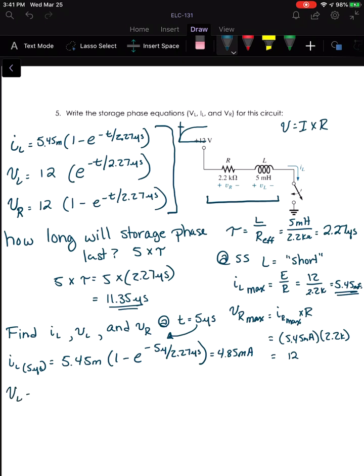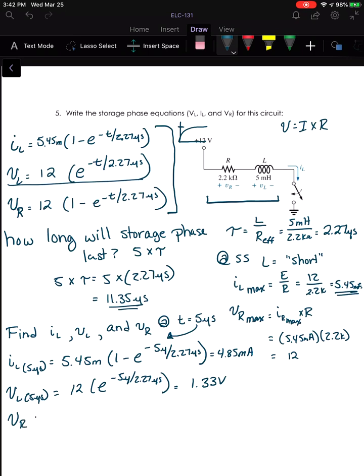Okay, so let's look at V sub L, also at the 5 microseconds. So I'm just going to grab that equation and plug in the 5 microseconds over 2.27 microseconds. So that voltage should drop down a good bit. It should now be at about 1.33 volts.